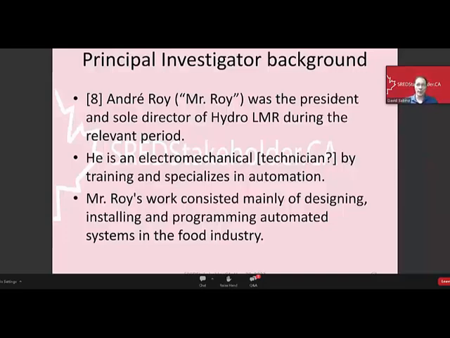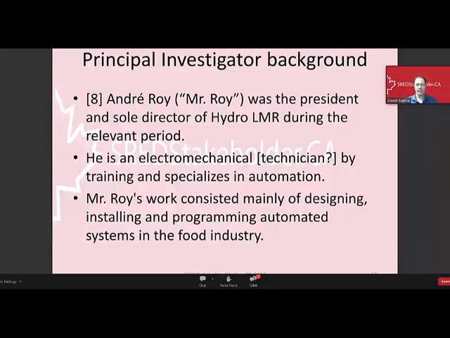So again, normally we would know, does that individual have a Bachelor of Science or equivalent in the field or not? Because there would be a difference between an electromechanical engineer and electromechanical technician. Not that both couldn't qualify, but again, they would tend to look at the scope of a technician, whether he or she had the requisite knowledge, a little more closely.